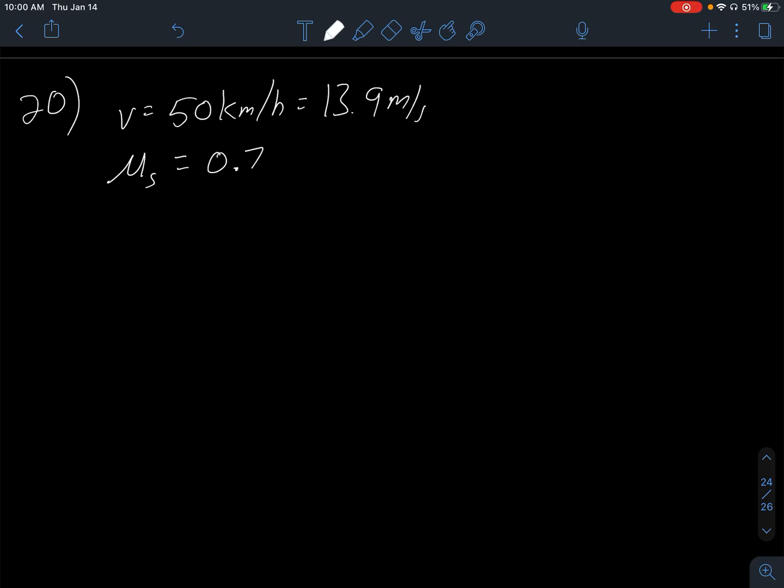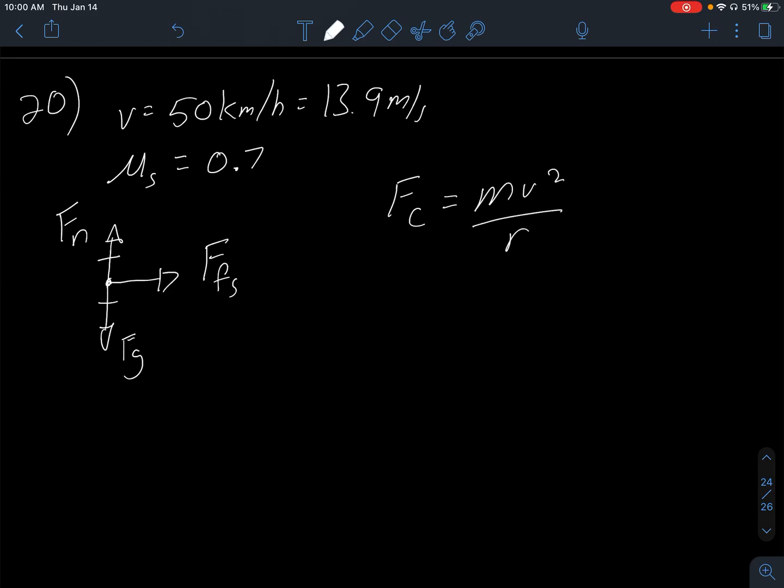So a quick force diagram for our car or our tires, depends on how you want to look at it. With normal force, these forces are equal, and it's going to be our force of static friction that's causing us to turn. So we make our statement of circular motion, and our specific equation for this scenario where it's only static friction that's causing us to turn.